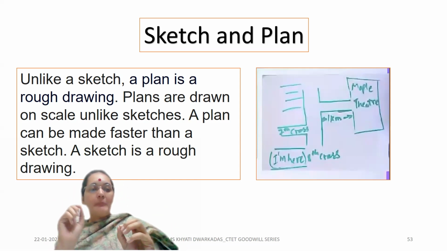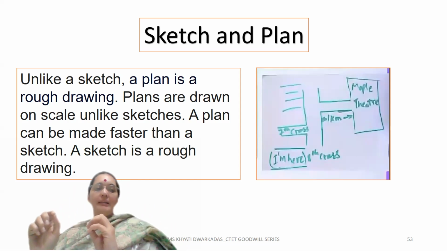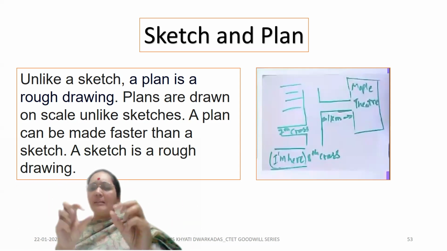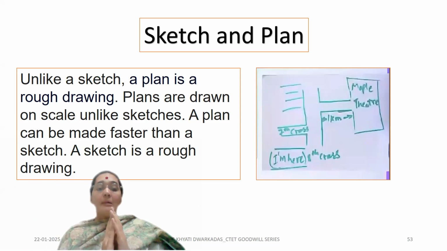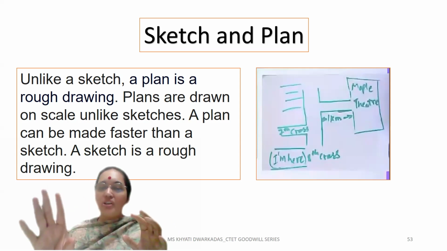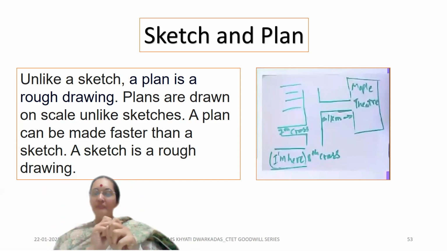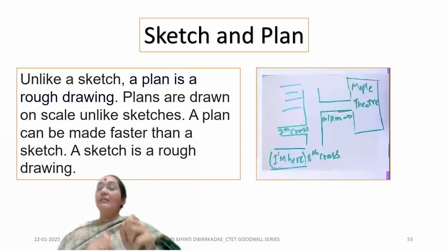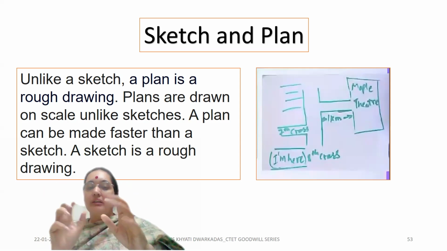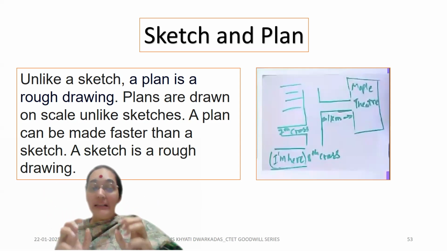This is where I would want my cabinet or my cupboard or my computer or my TV, whatever I want. I would tentatively put it on paper. But in a plan, I would have a scale, I would have measured it, everything would be drawn very pakka pakka, and then my interior decorator and architect will work on getting my things in place.